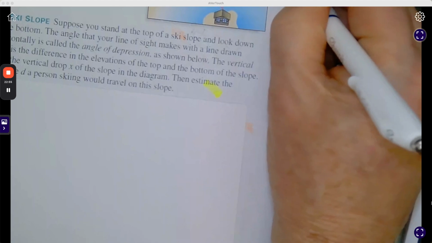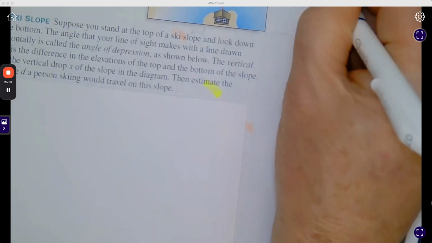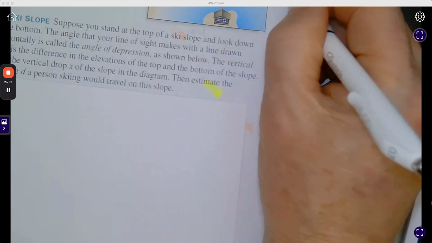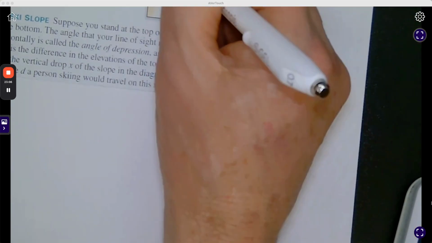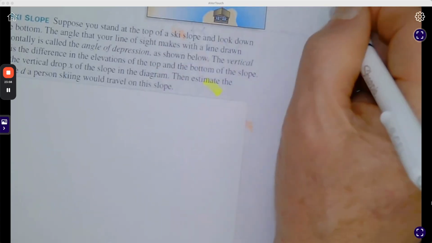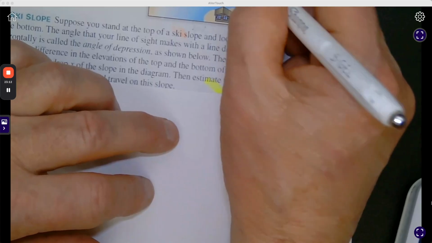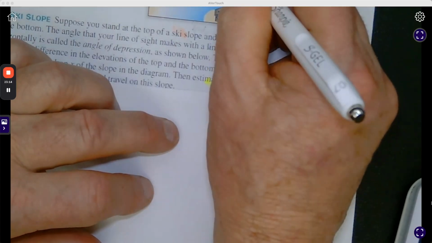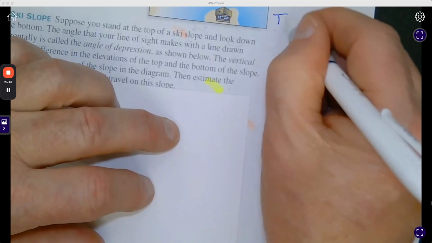We know our adjacent. I always start with what I know. That's 40. And then what we're looking for is the opposite. This is the hypotenuse. The hypotenuse has nothing to do with what we're trying to accomplish. And that's D. So we're trying to find the distance from that house to that house.